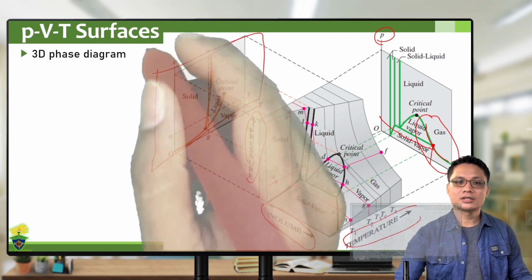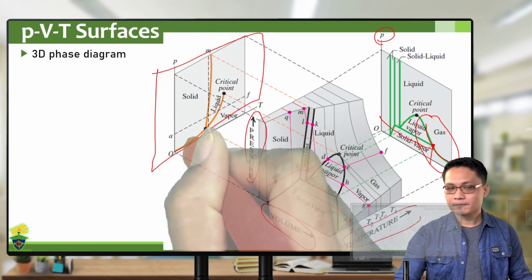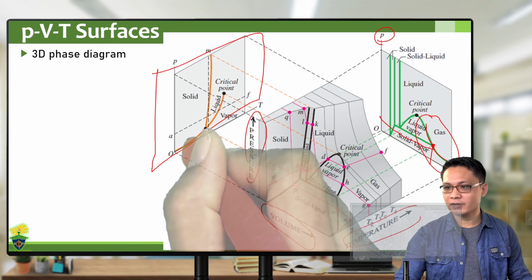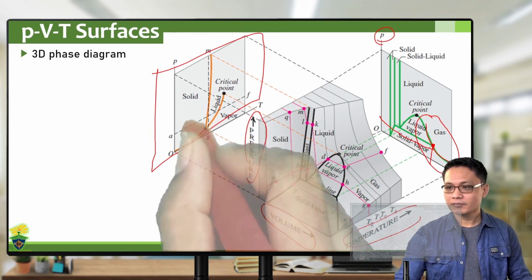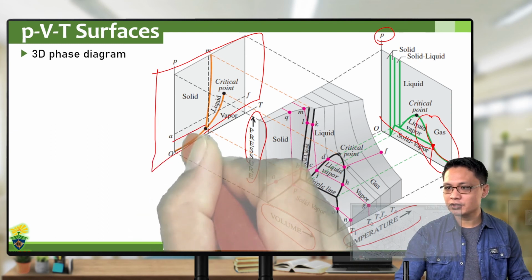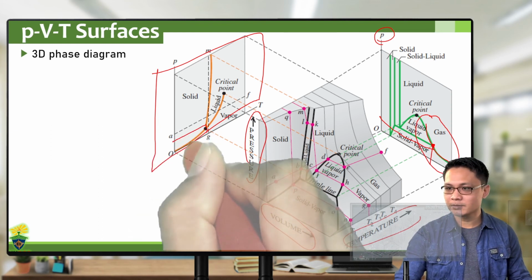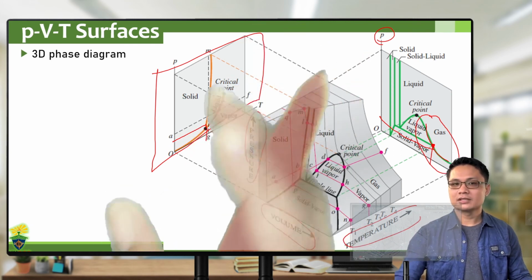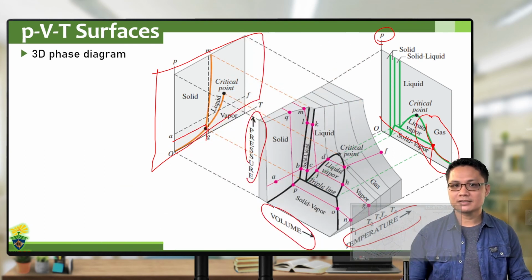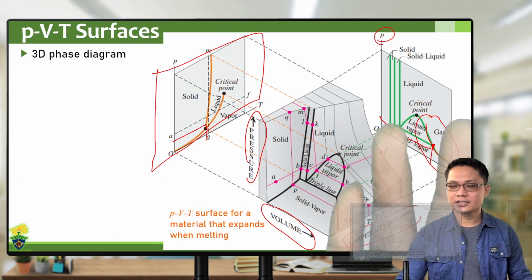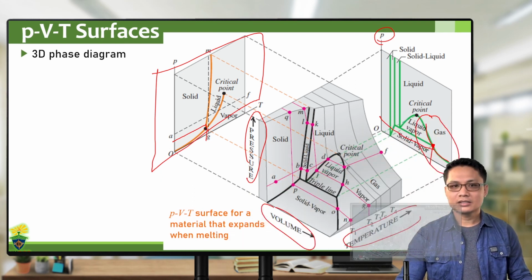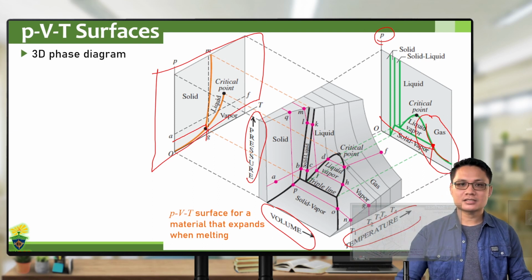Similar to our pressure-temperature diagram, at this specific fixed value of volume and that particular amount of pressure and temperature, there exist the solid, the liquid, and the gas phases of this particular matter. So this PVT surface diagram represents the behavior of a material that expands as it melts.